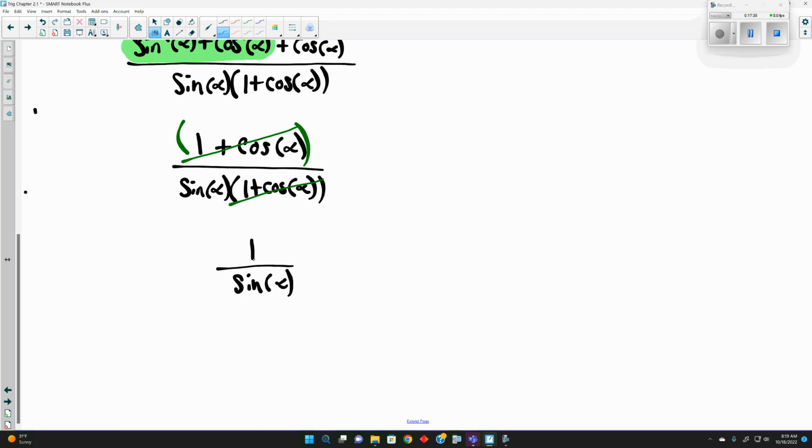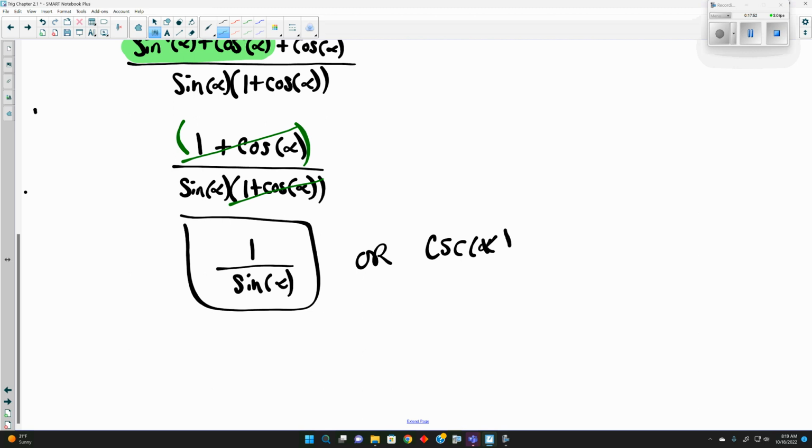But we have this here, so 1 over sine. And I would take this as the final answer, or if we wanted to write it a little bit simpler, because what is 1 over sine the same as? Cosecant of alpha.